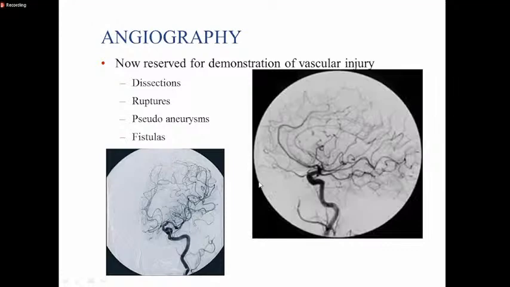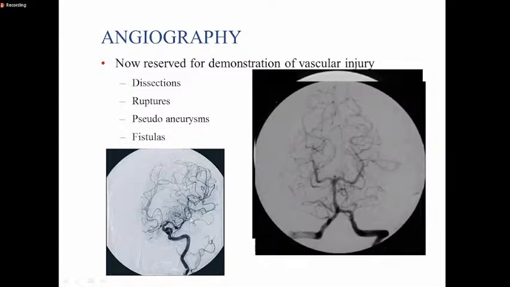So this is the internal carotid that we are studying, same as this one. This is an AP view, and this is a lateral view, and we can pick the major vessels there. This is the anterior cerebral artery, the middle cerebral artery there, and we see the anterior cerebral there.